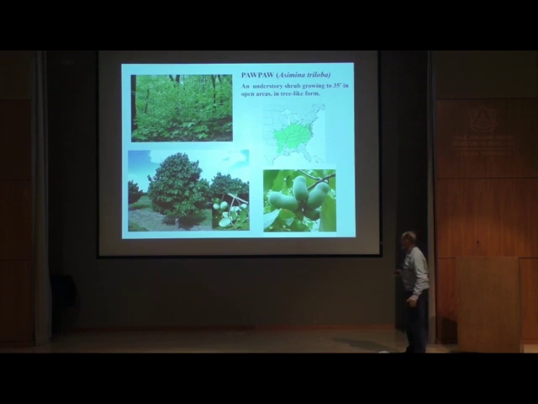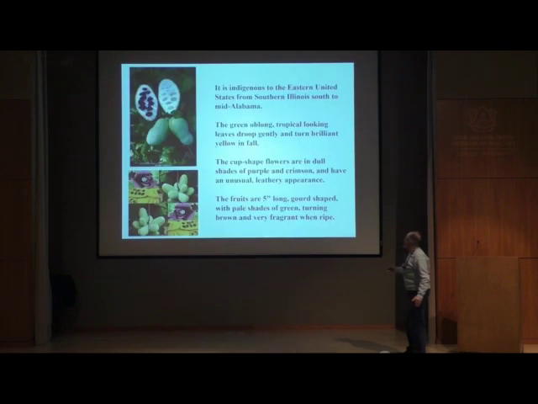This is what the fruit looks like. Here's the range. When you split it open, unripe, you have the seeds like there. When it ripens, it becomes yellow and very aromatic, with a very nice, almost perfumey taste to it.